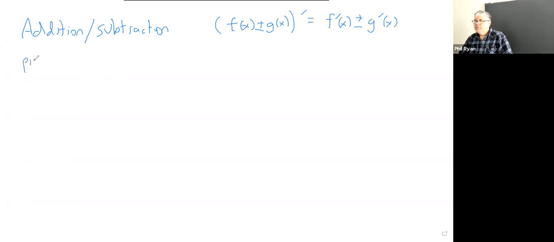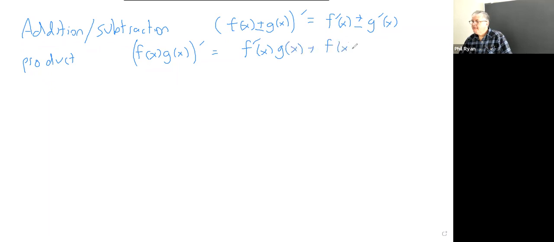We know about products. So if we multiply any two functions together, we just get the product rule. We know how to do quotient.